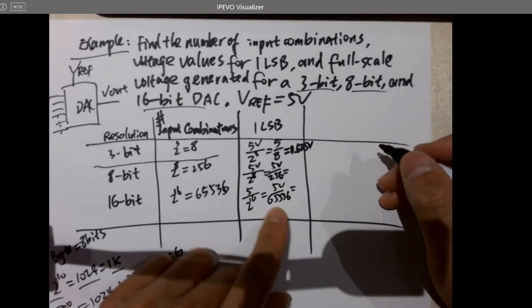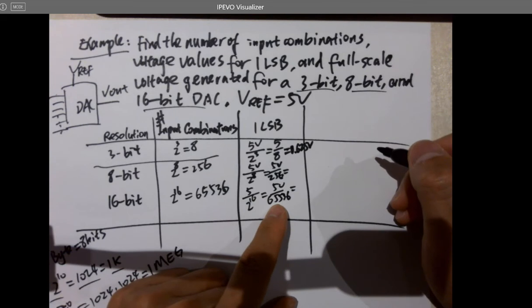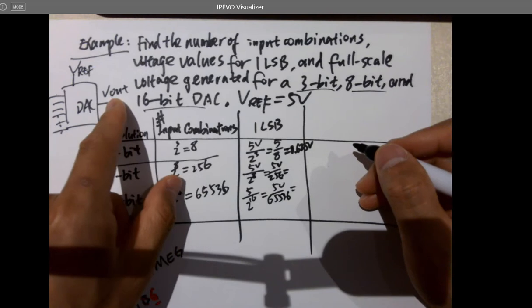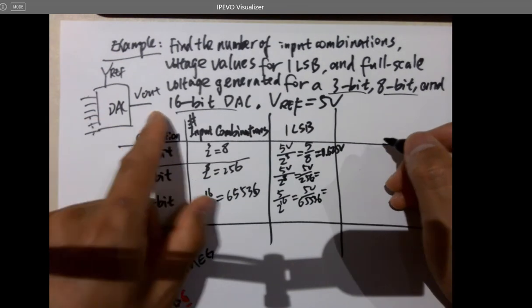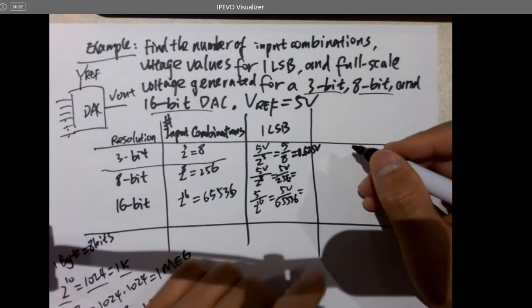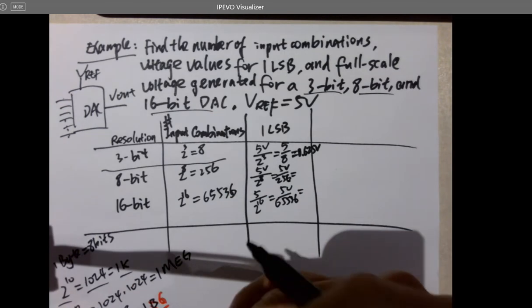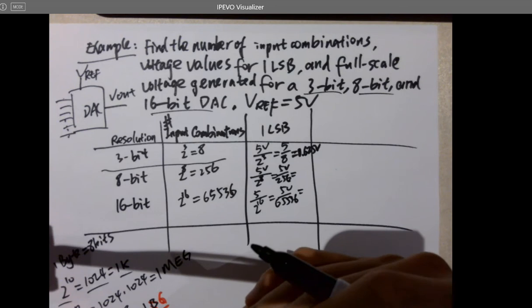It is able to sense a very tiny voltage change or output very tiny steps for this input. If you have 16 lines for the input, the resolution is pretty high.